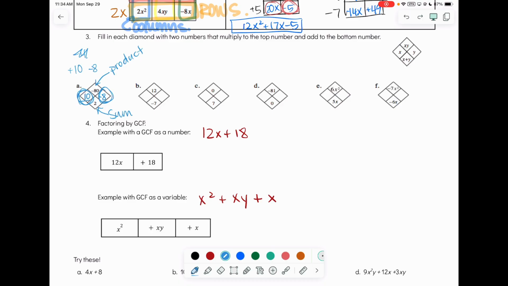This is the product, and this is the sum at the bottom, so you have to find numbers that add at the bottom. It's -4 and -3. Yeah?